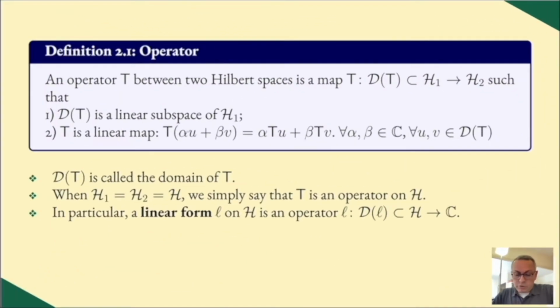So let's start with the very first notion, the notion of operator between Hilbert spaces. Actually, we have encountered operators already, but I want to make this notion precise here.